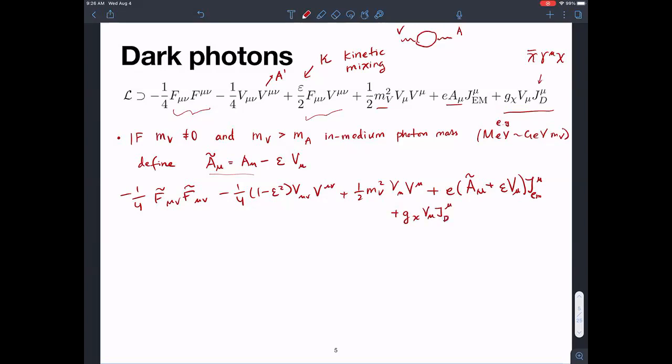Okay, so this part is basically just the standard kinetic terms. For epsilon being small, this is not too important. You can get rid of it. And the leading contribution at order epsilon, which is a small parameter, is this coupling of the dark photon with the standard model fermions. Charged standard model fermions.